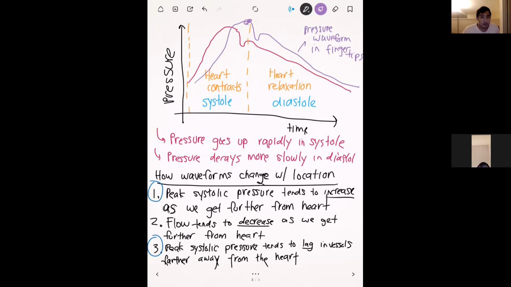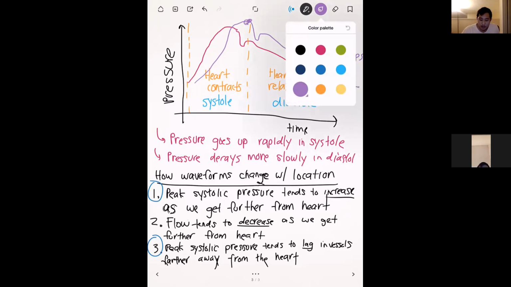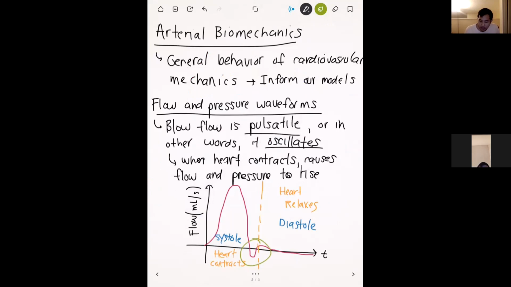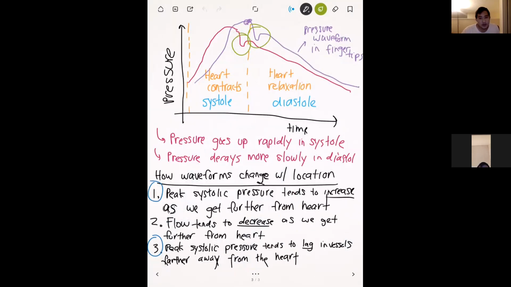All right. So the last thing I want to highlight in these graphs, which you might be wondering about up to this point, is this little, what I call a little blip, right? And so we have this little thing that happens here, and we have the same thing in the flow waveform too. So in the flow waveform, you can see we have this little thing right here, right? And so that's not a typo.